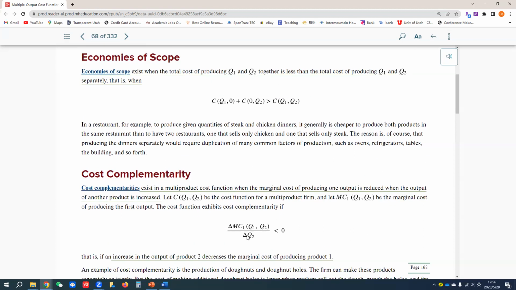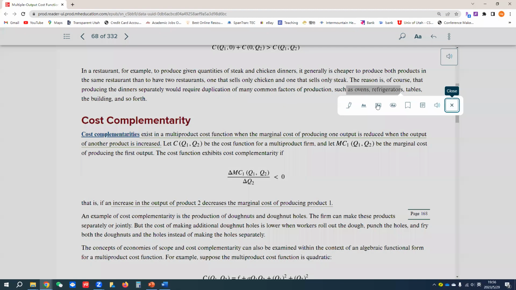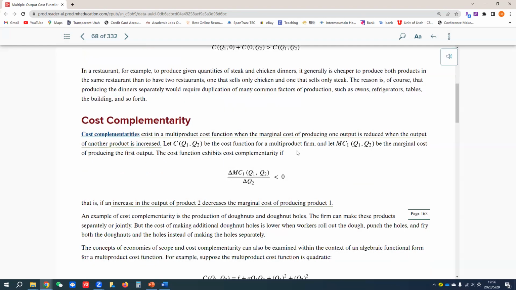If we start to produce more of type 2, say chicken, then the marginal cost of producing steak will be dragged down. Namely, an increase in the output of product 2 decreases the marginal cost of producing product 1. Why is that? Because some of those common facilities can be shared, so the cost averaged on each additional unit produced will be smaller.